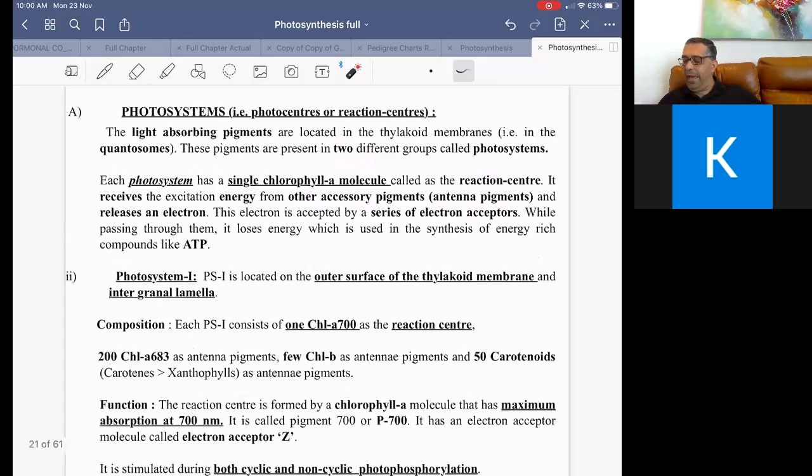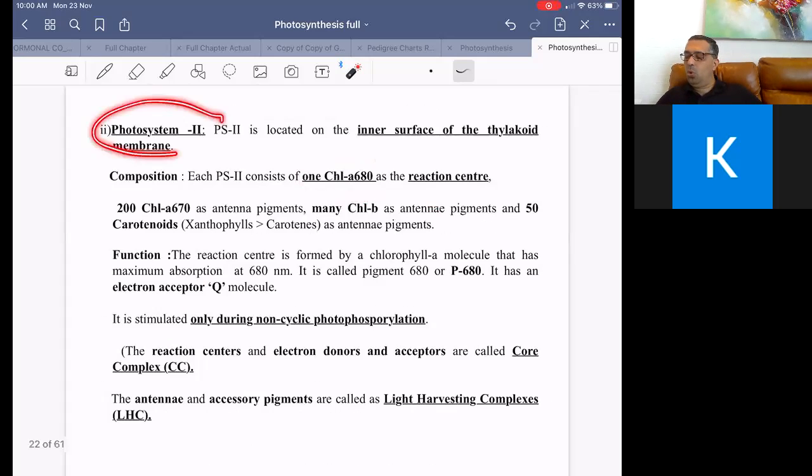As accessory pigment, 200 chlorophyll A 683 were present in photosystem 1. In photosystem 2, the 200 chlorophyll A 670 are present as antennae pigment.